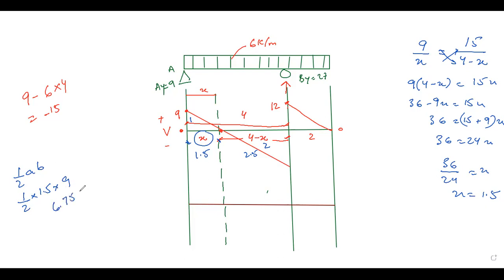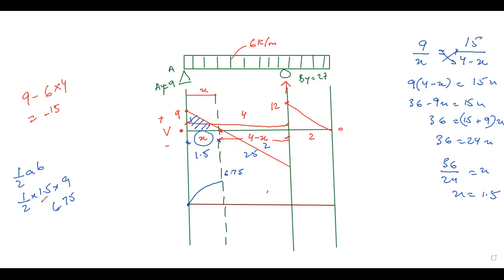It is positive because this body is in the positive zone. So we start from 0, it is in the positive zone, and it is a second degree curve because it's a UDL load. So from here to here, it is 6.75.